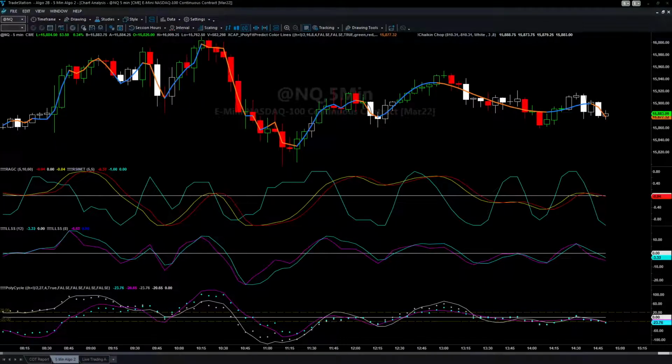Chop and more chop. This comes down right here, this bad boy right here, and it intersects with this. Hopefully we'll get some downside right there.